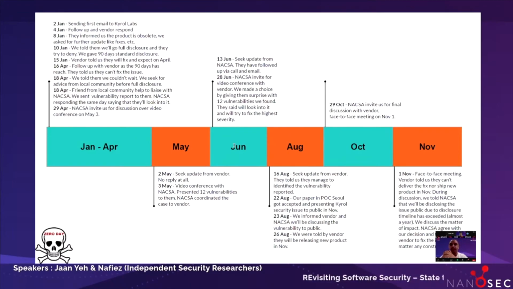So we told this to NACSA that this could impact them, and NACSA agreed with our decision, and they required the vendor to fix the issue, no matter any constraint that they're facing.